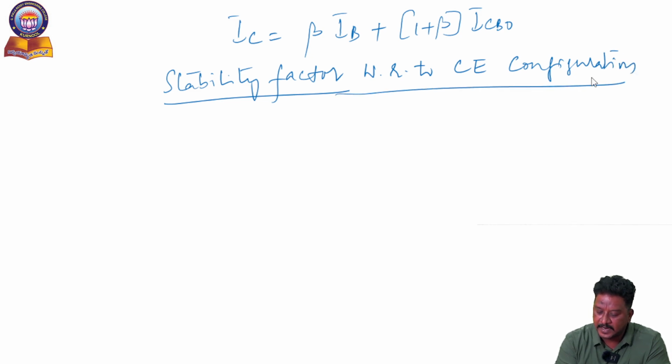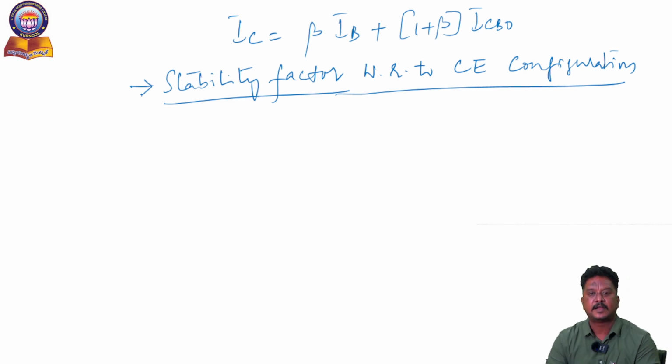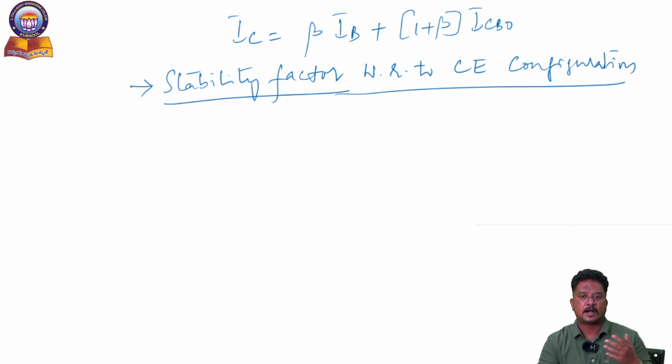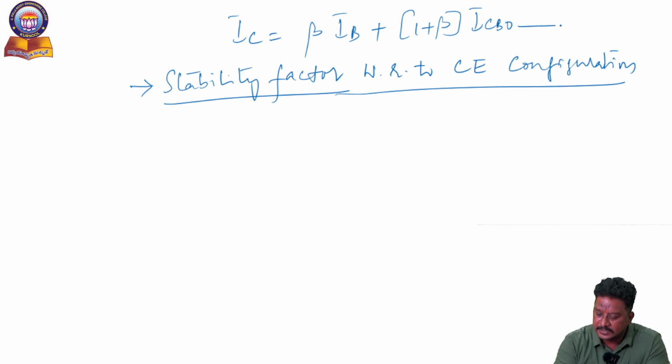Previously we concentrated on the basic definition of stability factor, which is applicable for common base, common emitter, common collector, or any configuration we have to consider. That is the basic definition. But according to the common emitter configuration, the stability factor will differ according to the type of circuit we are using. Now consider this is equation 2.